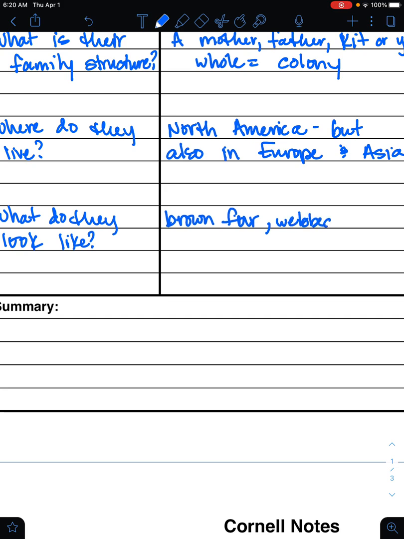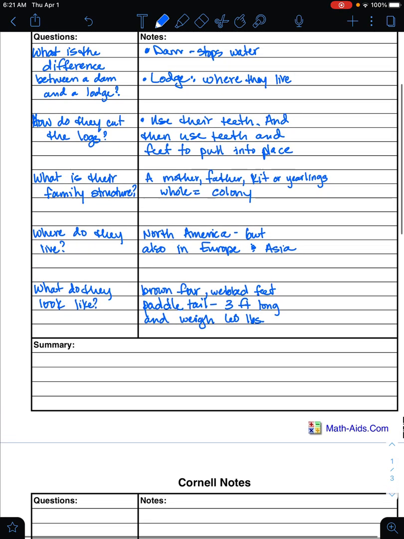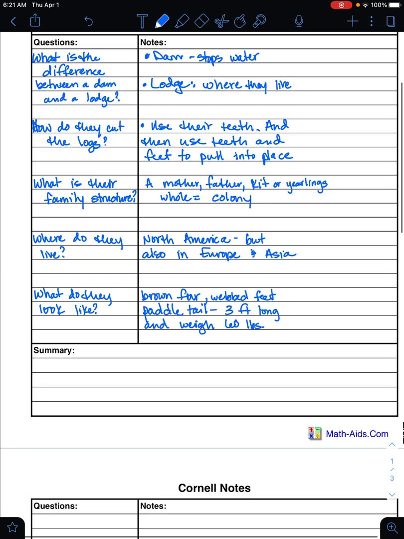Webbed feet. Paddle tail. They can be up to 3 feet long and weigh 60 pounds.